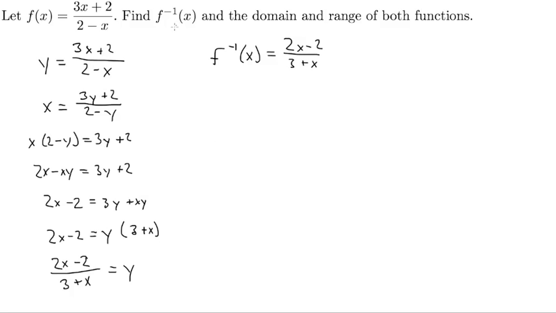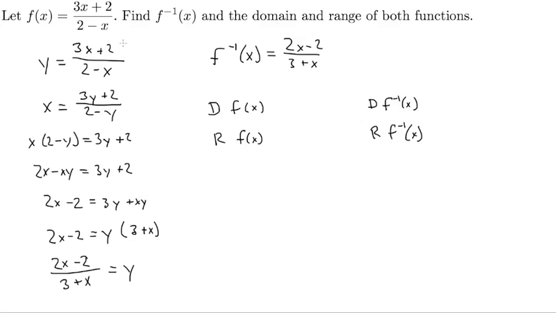Okay, so we're halfway through. We have found the inverse function, but we still need to find the domain and range of both of these. So we need to find the domain of the original, the range of the original, the domain of the inverse, and the range of the inverse. As I mentioned before, we're a little bit more capable of handling the domain.